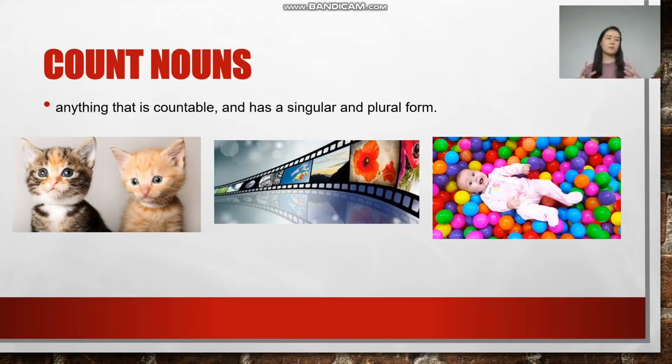And if we have many babies, we need s at the end. That is the plural form. Just like ball, we have one ball and we have many balls. So it means that for count nouns, you can count each noun and you can number them. 2 cats, 1 video, 1 baby, and many balls.